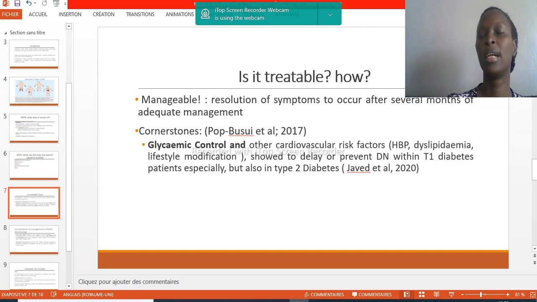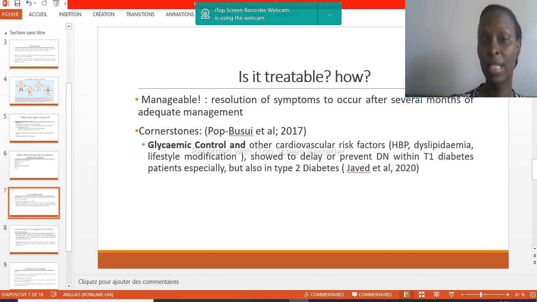And as a health professional, we always ask ourselves if it is treatable, and if yes, how. Well, in this condition, we'd rather choose the term manageable, as we can only help the resolution of symptoms to occur after several months of adequate management. And there are three cornerstones of the management of this condition.